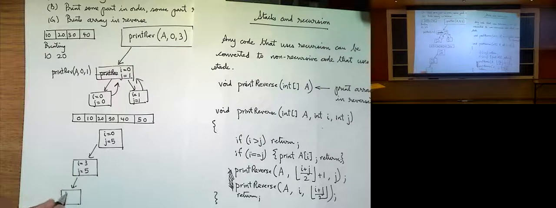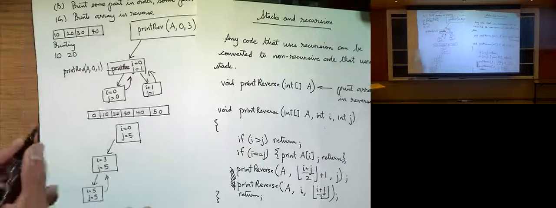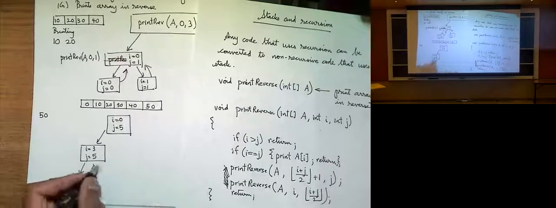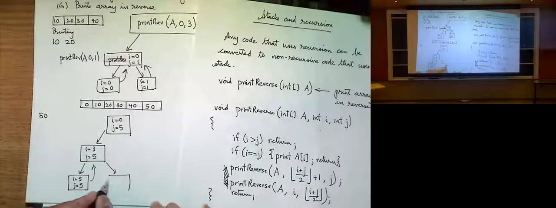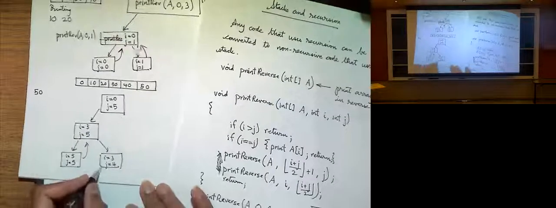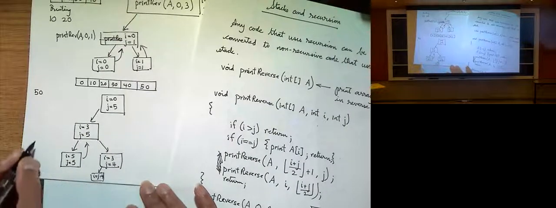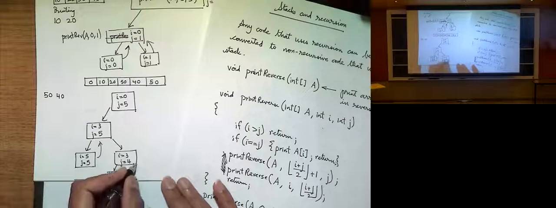Five, 5. i is equal to 5, j is equal to 5. So when this happens, it's going to print 50 and return. Then the second call that it makes is i is equal to 3, j is equal to 4. And then it's going to go down here and do i equals j equals 4. It's going to print 40.